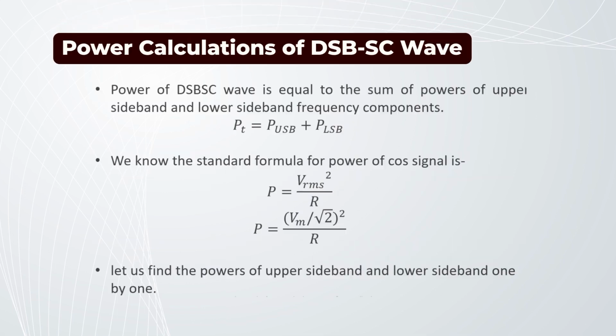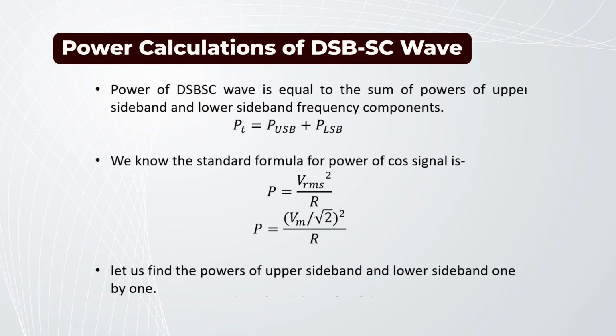Now, we will calculate the power of DSB-SC wave. The power of DSB-SC wave is equal to the sum of power of upper sideband and the lower sideband frequency component. Therefore, the total power PT is equal to P USB plus P LSB.